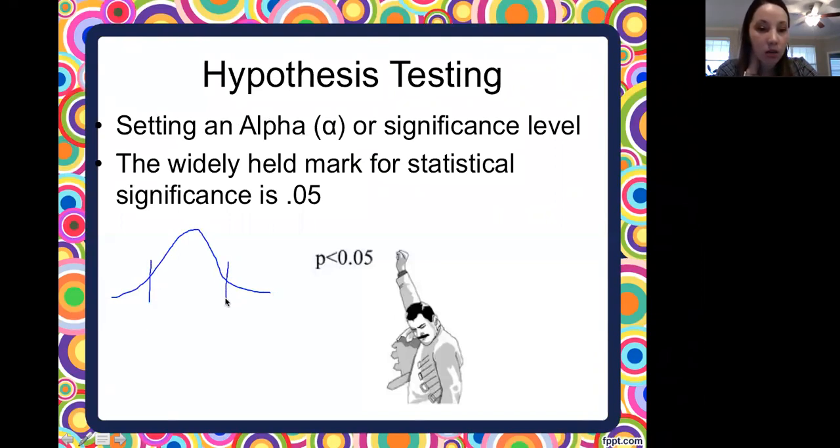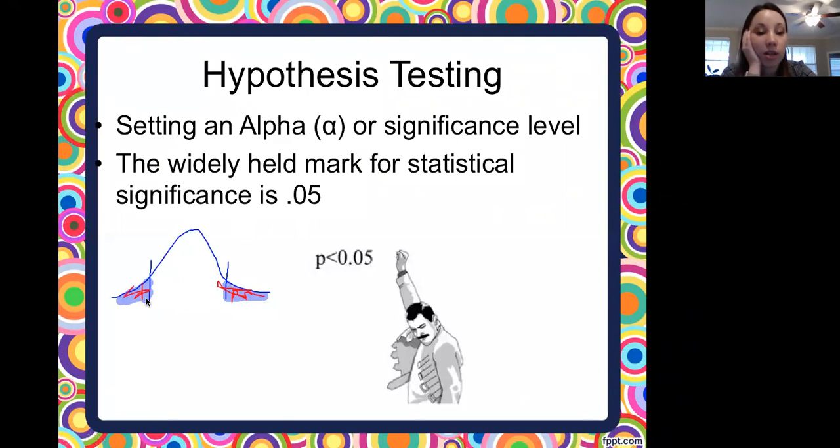So say we've got a two-tailed t-test with an alpha level of 0.05. Our rejection region's over here and over here. If we've got a P level of less than 0.05, what that's saying is our data are falling out here, somewhere in here. So we have a probability of less than 0.05.